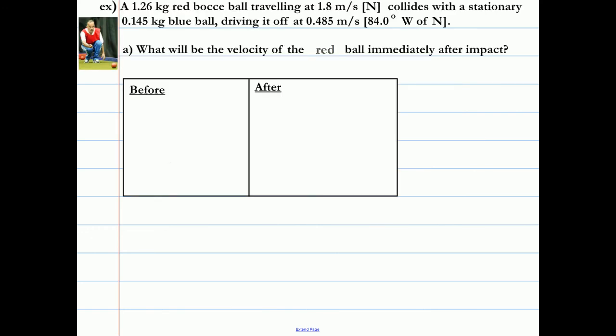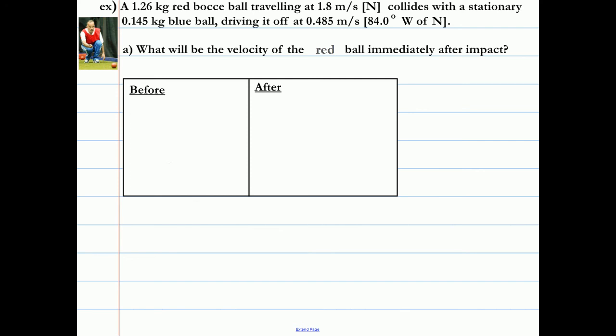Alright, here's a question from page 505 in the textbook, number 59. We've got a red bocce ball traveling in at 1.8 meters per second north. It hits a smaller blue ball, and then the blue ball goes off at 0.485 meters per second, 84 degrees west of north.